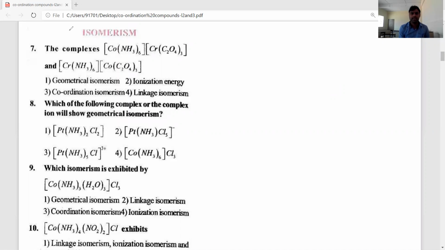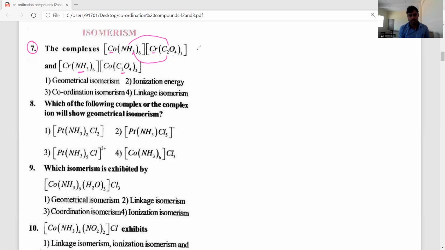Now we'll discuss the seventh: the complexes [Co(NH3)6][Cr(C2O4)3] and its pair. If you observe this, the ligands are exchanged between the coordination spheres. Chromium is bonded with oxalate, and cobalt is bonded with ammonia.